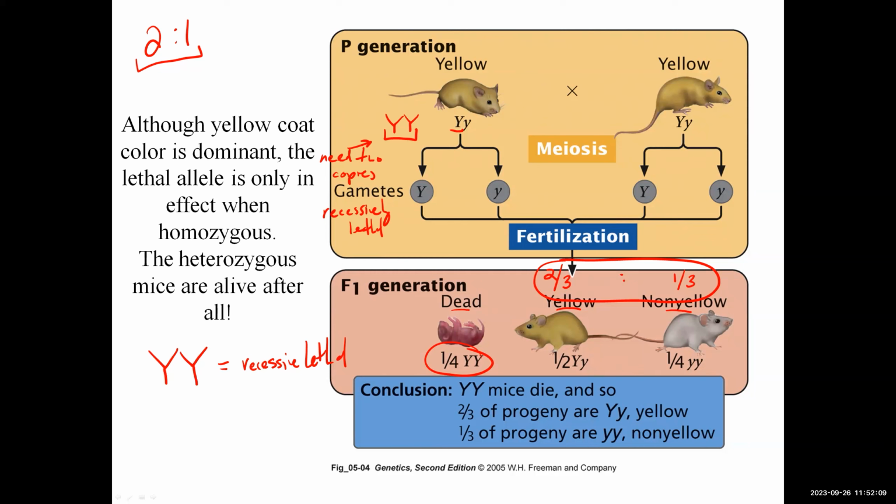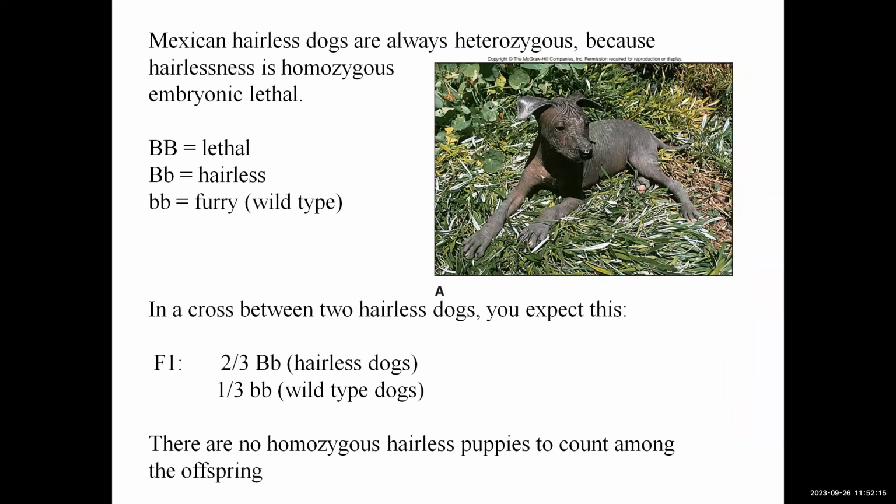For example, the Mexican hairless dog also has to be heterozygous all the time. This is because the hairlessness gene that it is using is homozygous lethal. In a cross between two hairless dogs, you'll expect to get 2/3 hairless and 1/3 wild type, with the last group missing.